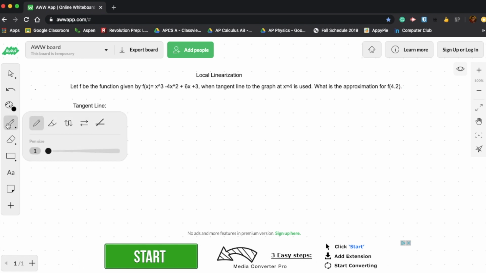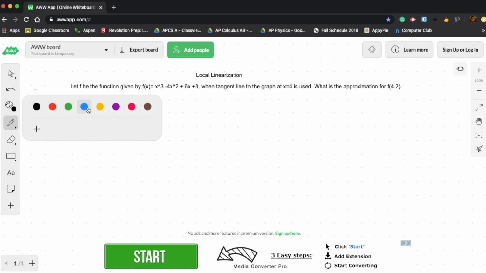Whenever you solve local linearization problems, you need to solve for two things: the tangent line, and then the actual question, which is the approximation. Tangent lines are typically written in point slope form in calculus.